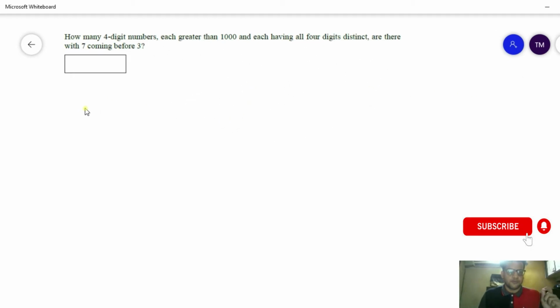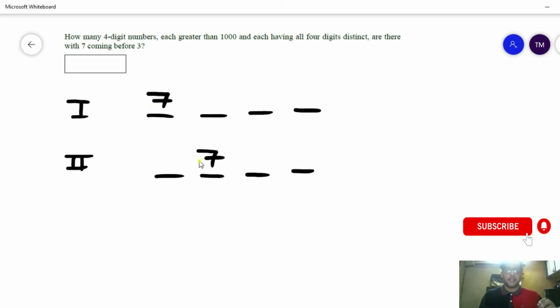Now, first case, let's take 7 at the left extreme. In the second case, let's take 7 at the second position. And in the third, we will take 7 in the third position. Now you can't place 7 at the rightmost position because it has to come before 3.